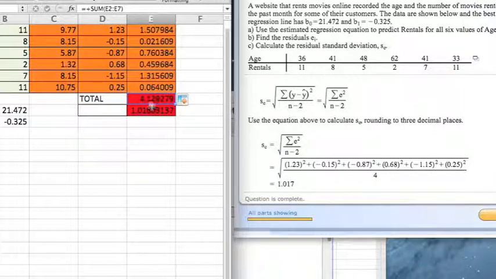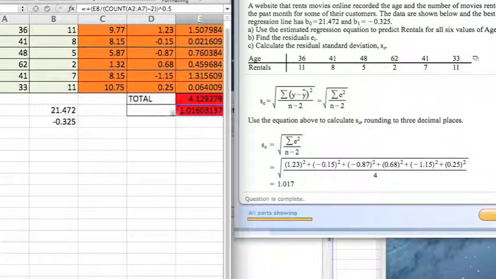And this is a very interesting expression. If you look at it, we want to find n minus 2. The n minus 2 is going to be the count of A2 to A7 minus 2. And then we're going to be dividing the sum of e squared, which is in E8.